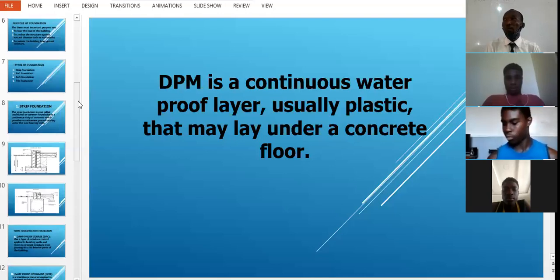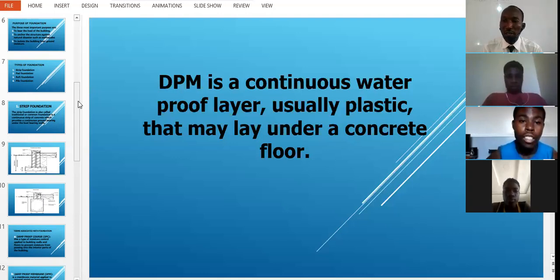Remember that we are talking about foundation. What is the purpose of foundation? Olorunsuyi, what is the purpose of foundation?